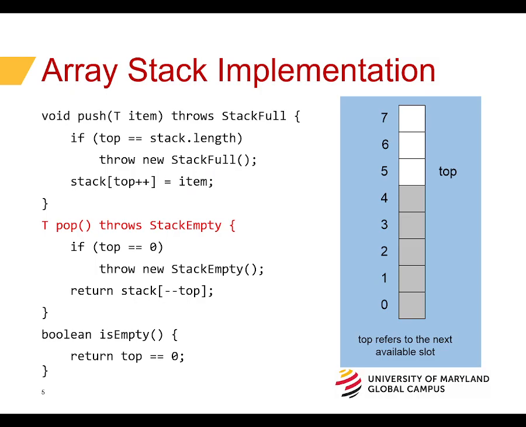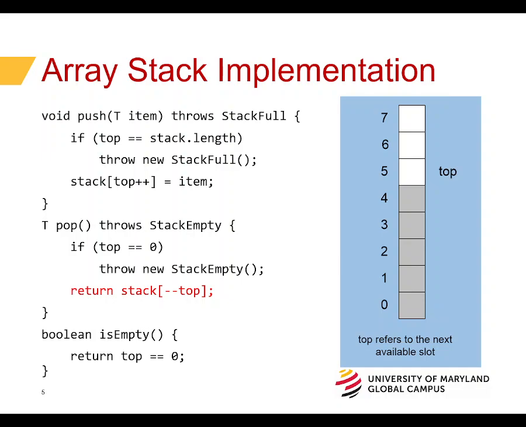The signature of pop, again, must match how it is defined in the stack interface. Like what was done in push, checking the possibility of an empty stack is the first step here. As we noted previously, the instance variable top will be 0 when the stack is empty. So that is the check we are making in the if statement. If it is not empty, the element at position top - 1 is returned.